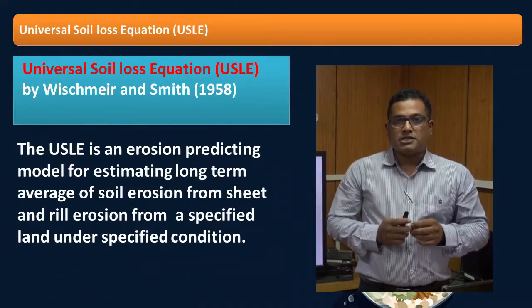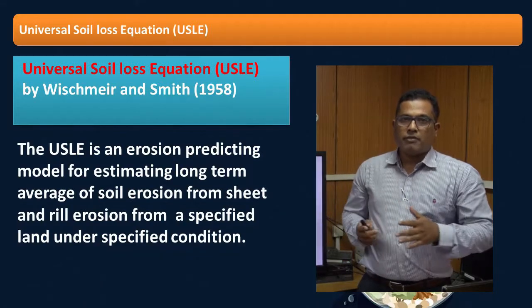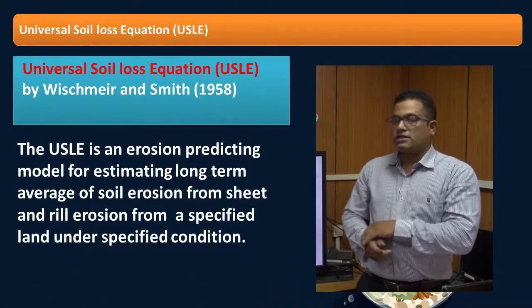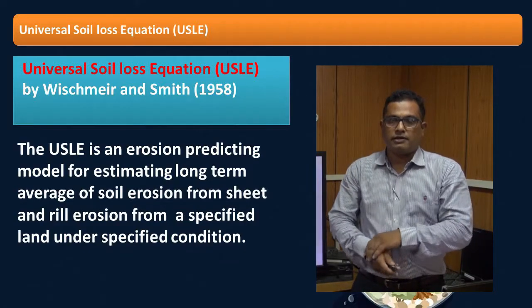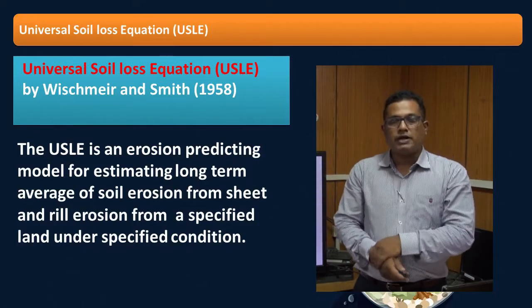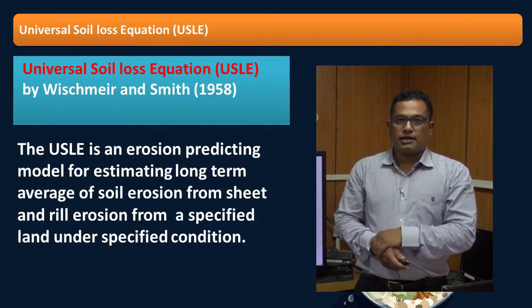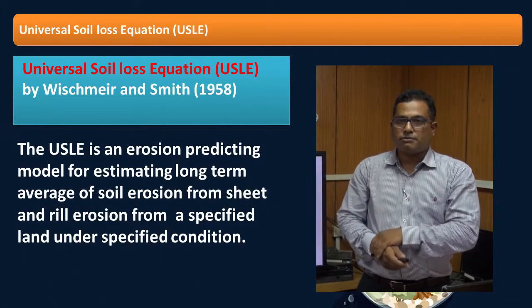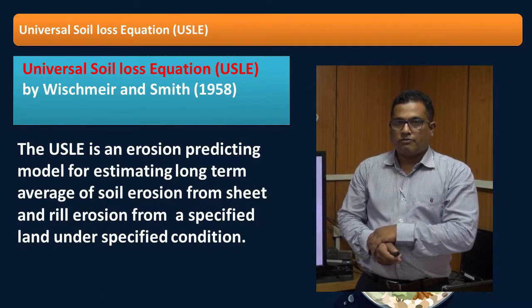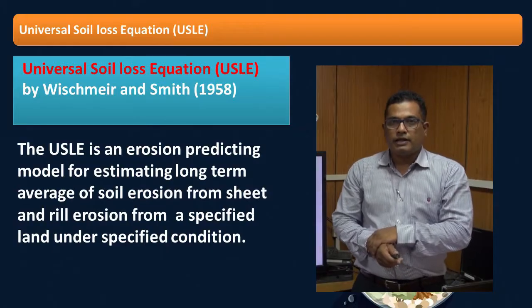Now second is the estimation. Estimation is based on the premises of many factors. For this soil loss estimation, there is a very popular equation in soil and water conservation, which we call the Universal Soil Loss Equation, or USLE. This was devised by two field workers, Wischmeier and Smith, in 1958.